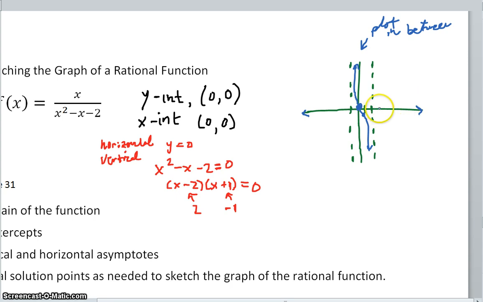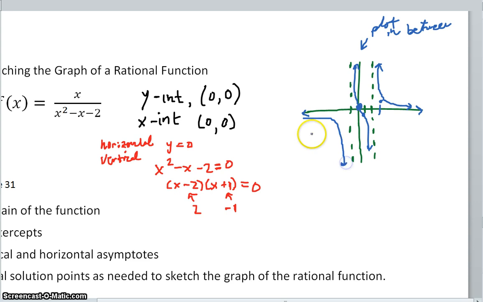So if I picked 3, I would get 3 over what appears to be 4. So my guess is that this is going to look something like that. And if I plot on the other side, my guess is it's going to look something like this.